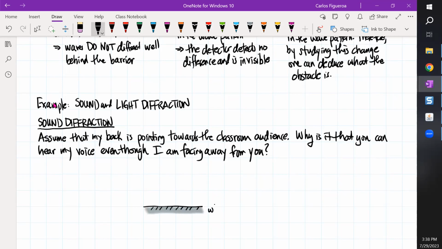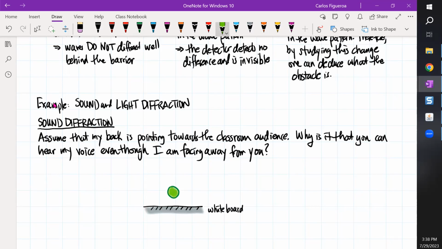What we know about the whiteboard is that it's smooth, so we should have specular reflections. Now I'm going to draw my head here, maybe a little bit further back. So here's my head.